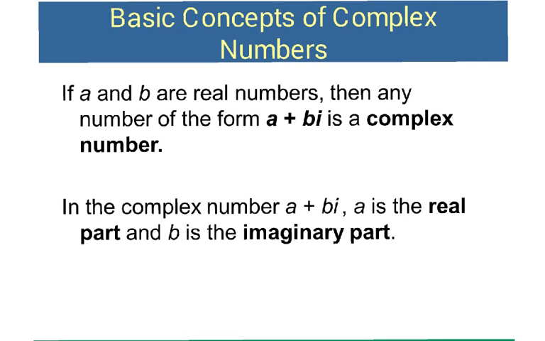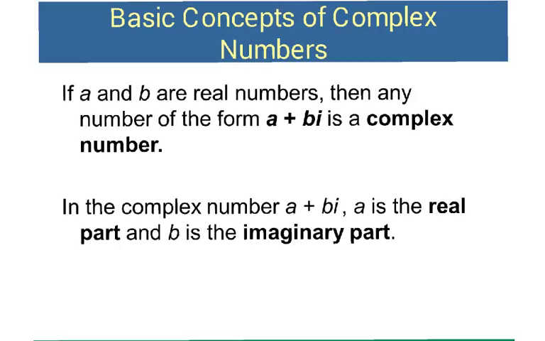Now, if a and b are real numbers, then any number of the form a plus bi is a complex number. And in the complex number a plus bi, a is the real part and b is the imaginary part, or bi is the imaginary part.